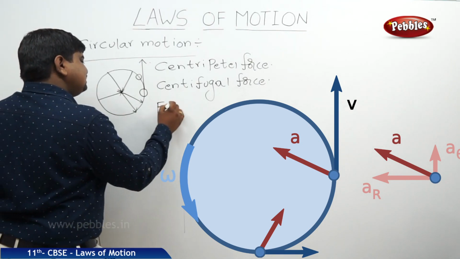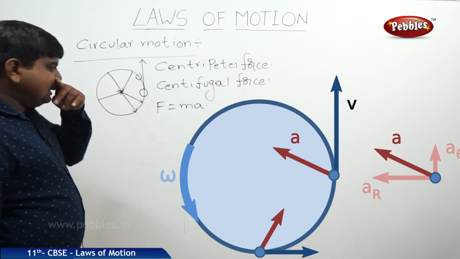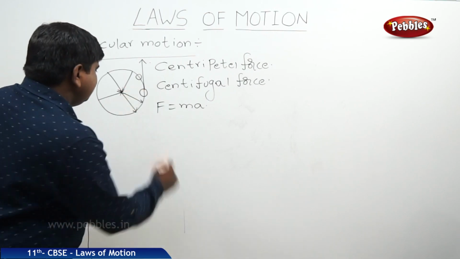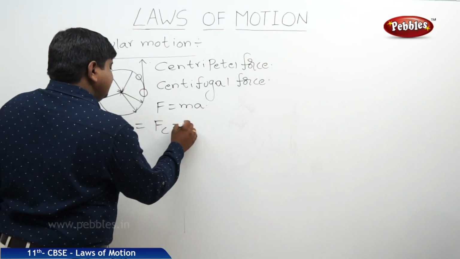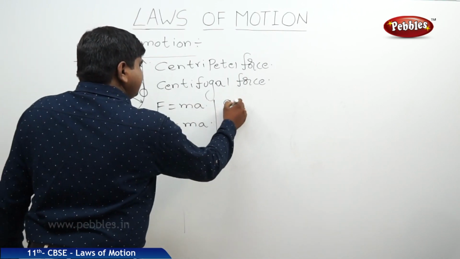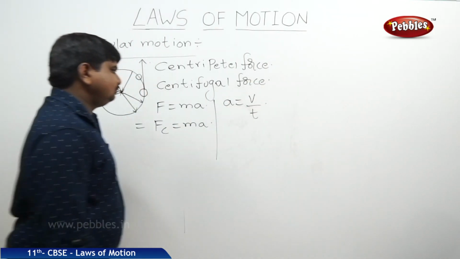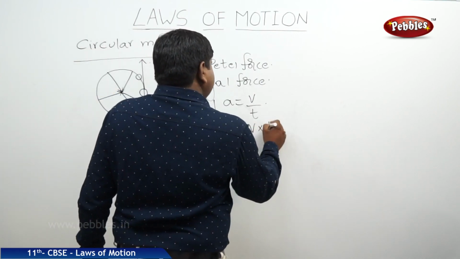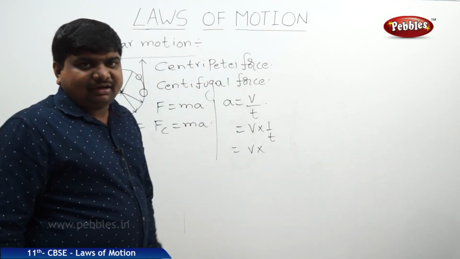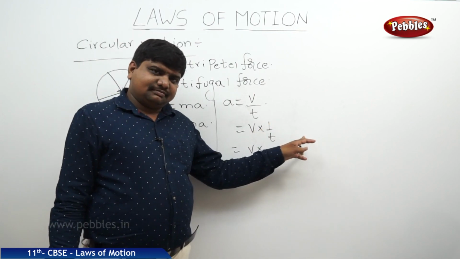We know that force is equal to ma according to Newton's second law of motion. But in the case of a circular path, the force required is centripetal or centrifugal. The representation is Fc is equal to ma. But acceleration is velocity by time. Velocity into 1 by time. Velocity by time is equal to acceleration, or distance by time is equal to velocity.